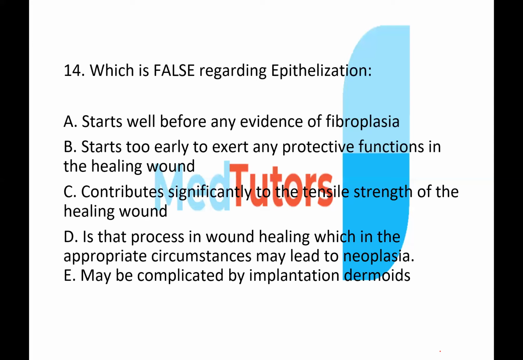C: contributes significantly to the tensile strength of a healing wound. D: is that process in wound healing which in the appropriate circumstances may lead to neoplasia. E: may be complicated by implantation dermoid. So which is false?